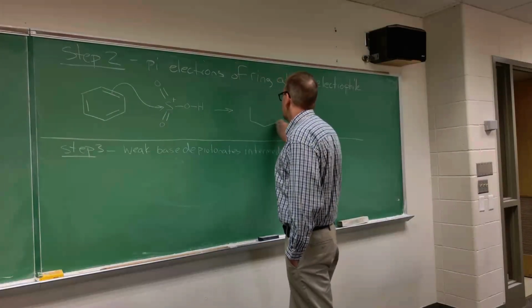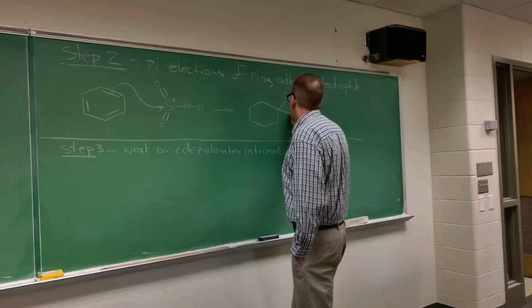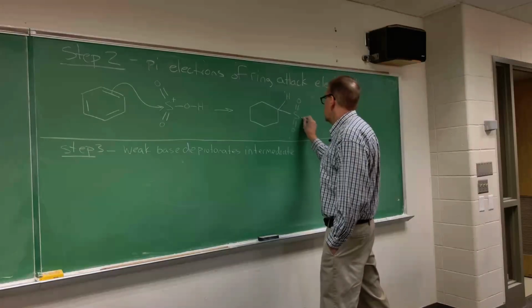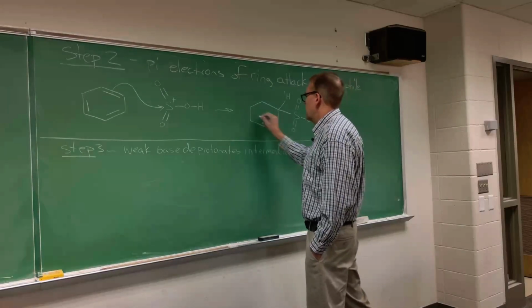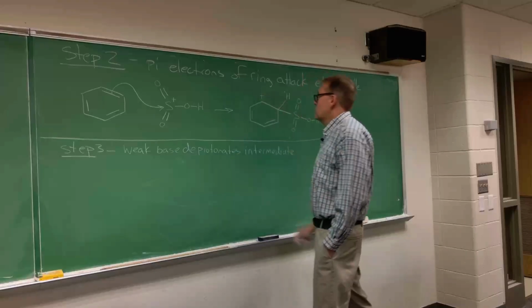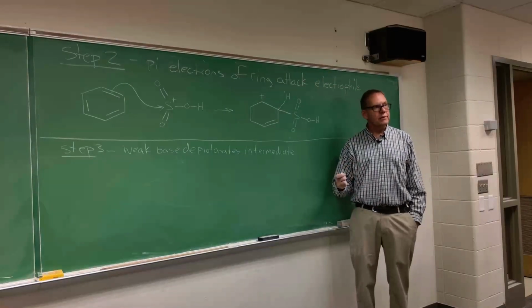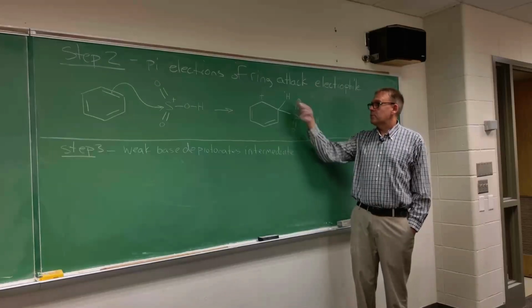And that gives a non-aromatic intermediate that looks like this, where there is now a sulfonic acid group that has become attached to the ring. That was the really big point of this, is to put a sulfonic acid group on, and this step does it. It generates a non-aromatic intermediate that's resonance stabilized. And then a weak base has to come by and pluck off a proton.